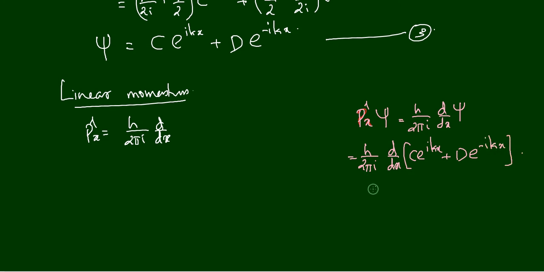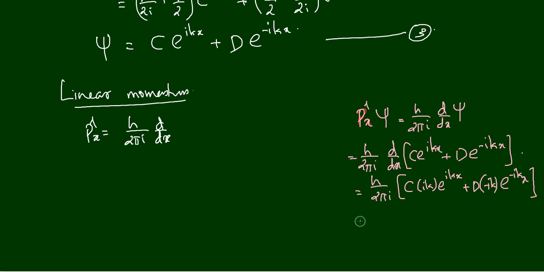So that is equal to h divided by 2 pi i times d by dx of this, that is c into d by dx of e raised to ikx, which is ik into e raised to ikx, plus d into minus ik into e raised to minus ikx.